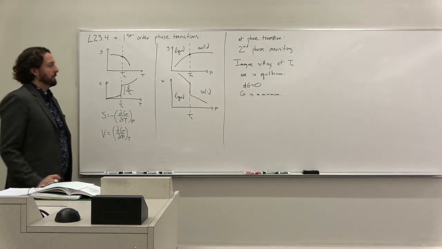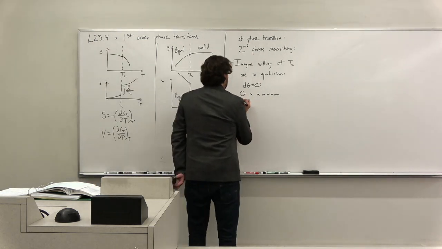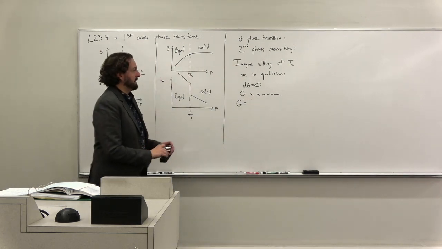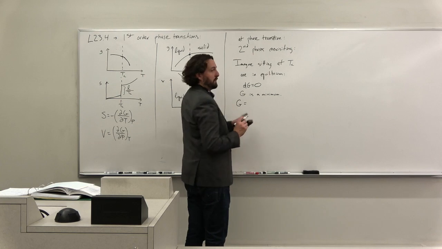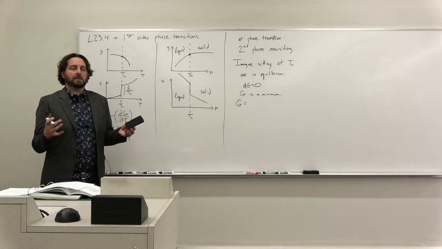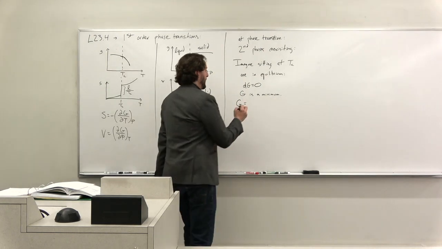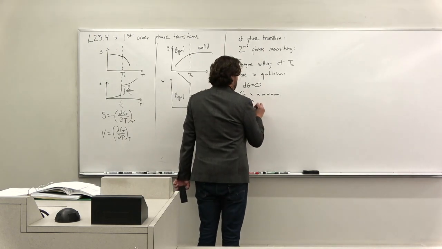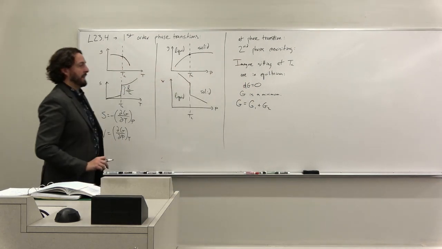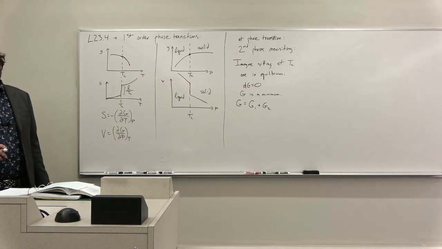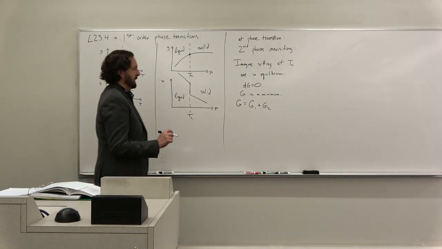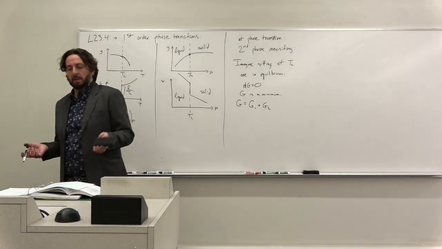Okay, so imagine two phases. We're going to call them phase one and phase two. And we're going to ask about the total free energy of this system. Energy is extrinsic, so we can actually just add up the energies of the two separately, right? But there's a mass associated with each one.